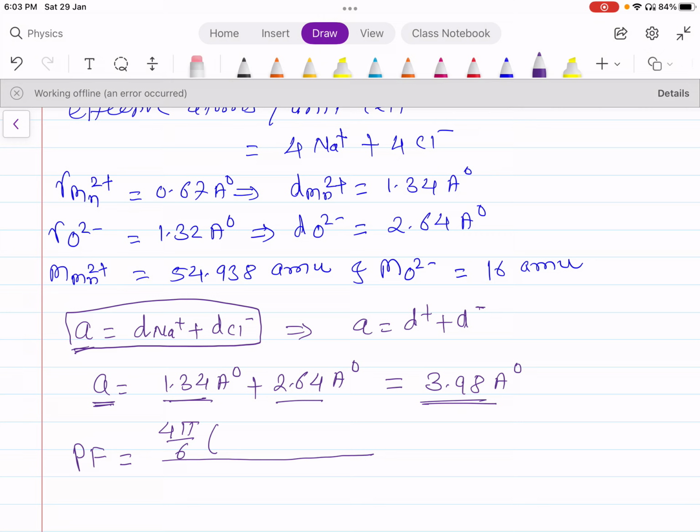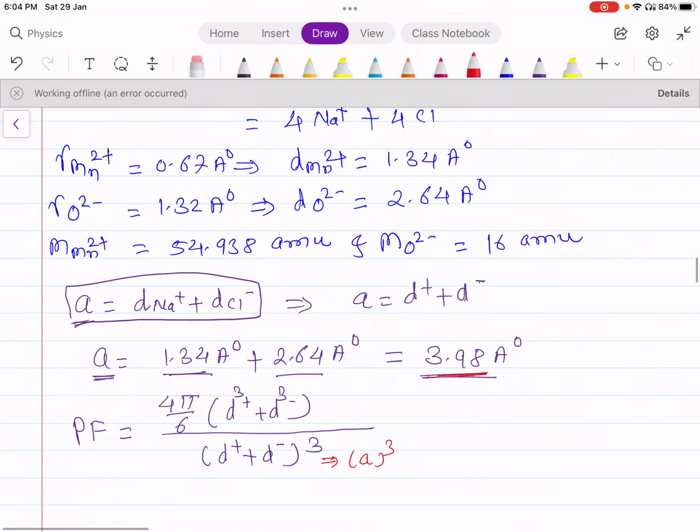In the bracket, diameter cube of positive ion plus diameter cube of negative ion, divided by the diameter of positive ion plus diameter of negative ion, cube. But this is nothing but a, which we already calculated, so you need not add and then take the cube.